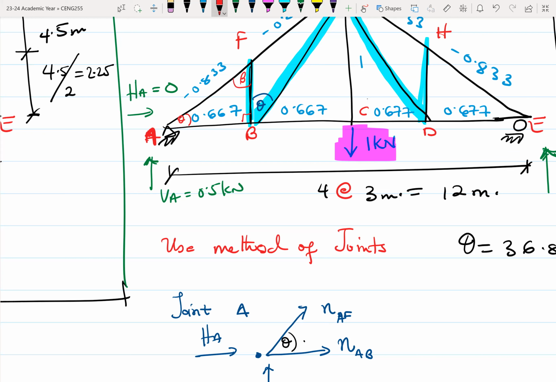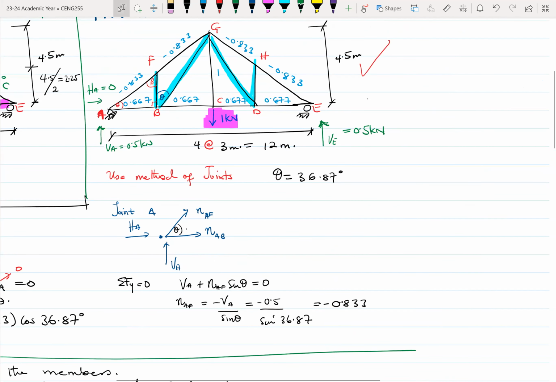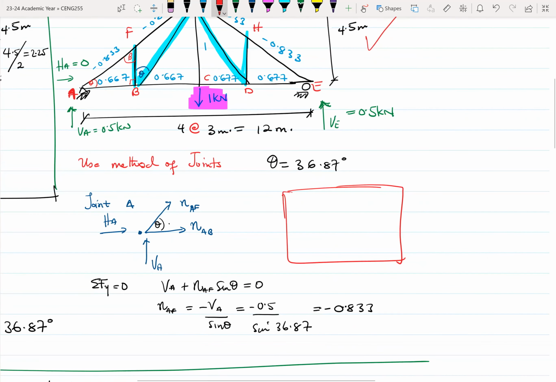So theta, normally you don't know it if you have the length. If this is theta, and you know this length, great.